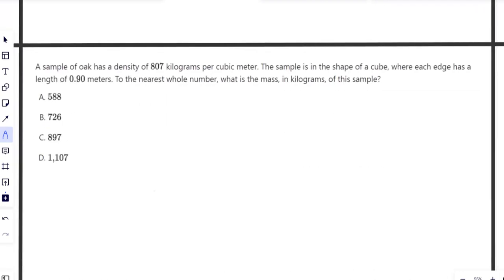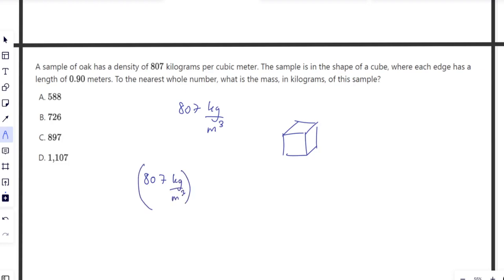All right, next one. A sample of oak has a density of 807 kilograms per cubic meter. The sample is in the shape of a cube where each edge has a length of 0.90 meters. To the nearest whole number, what is the mass in kilograms of this sample? Let's see, 807 kilograms per meter cubed.